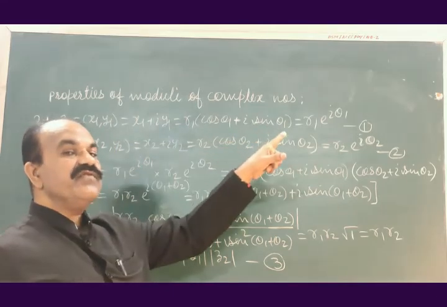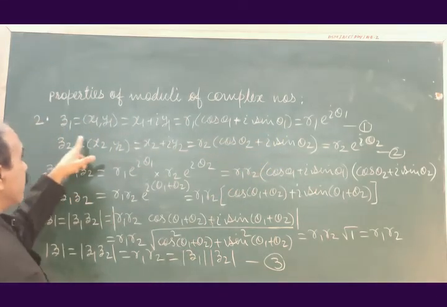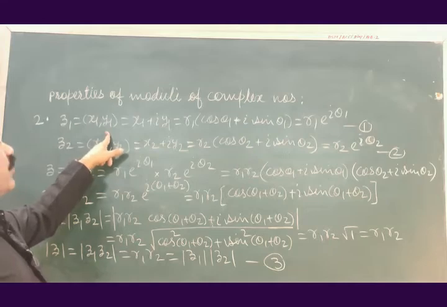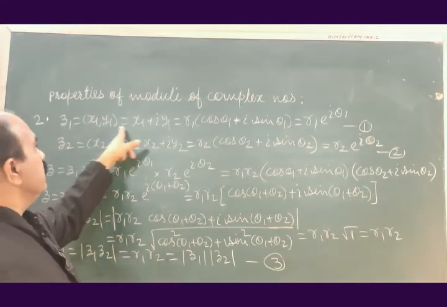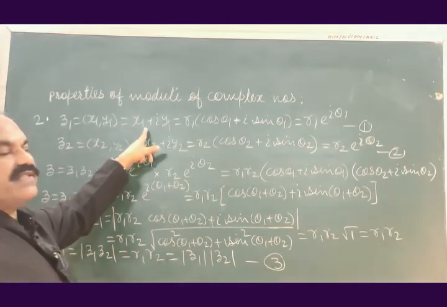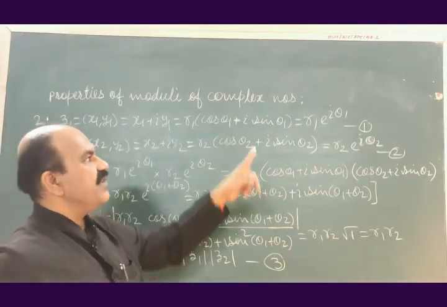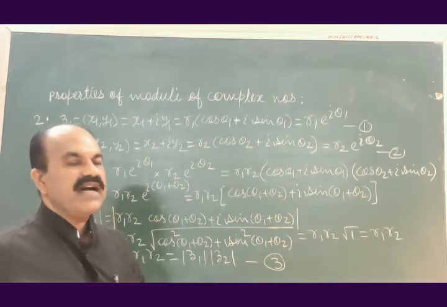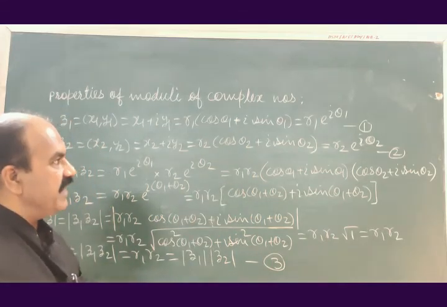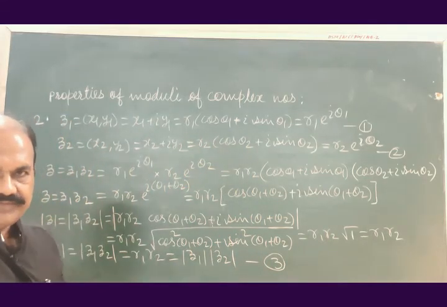Let us consider the first complex number z1 is equal to x1 comma y1, that is x1 plus iy1, that is r1 into cos theta 1 plus i sin theta 1, that is r1 into e to the power i theta 1, equation number 1.